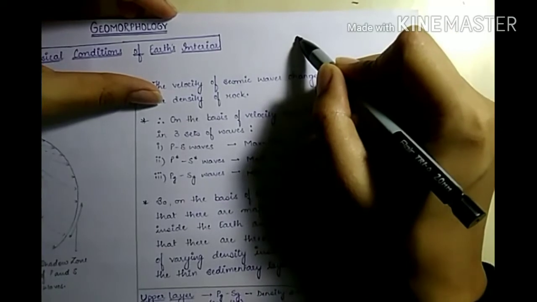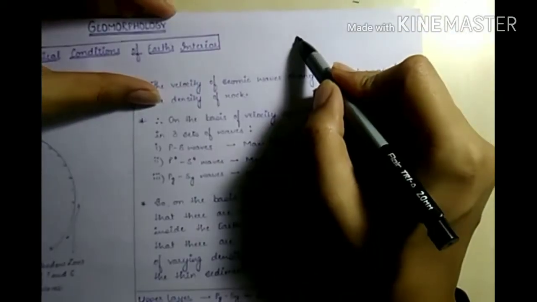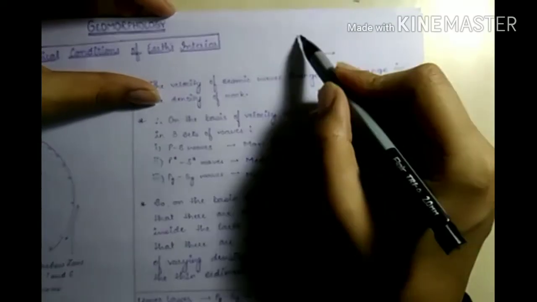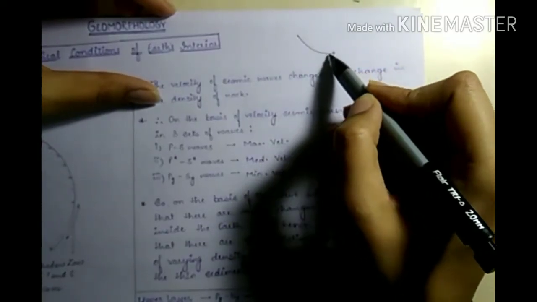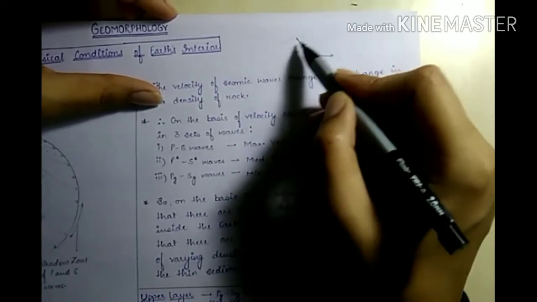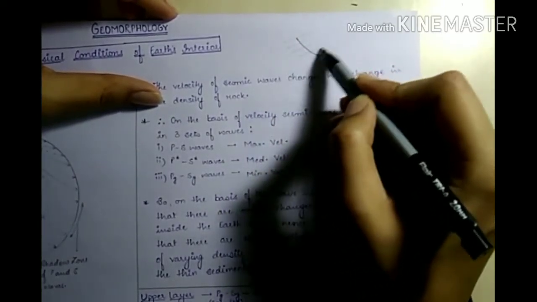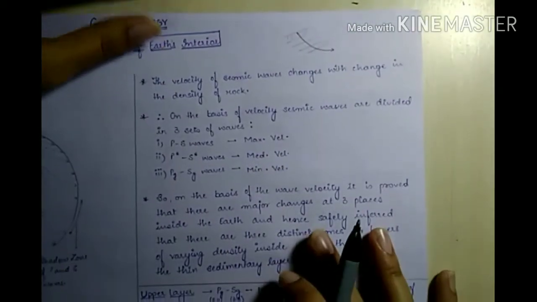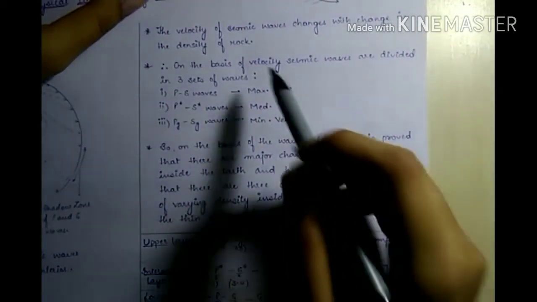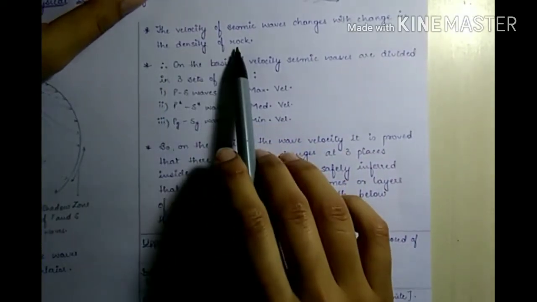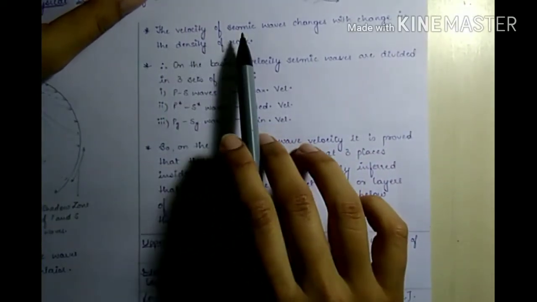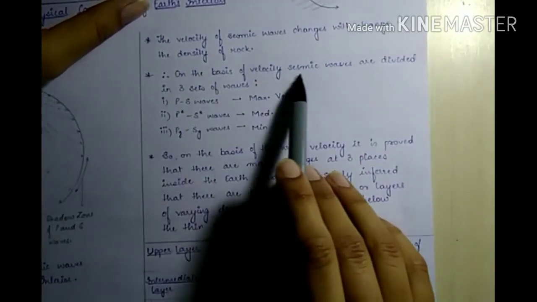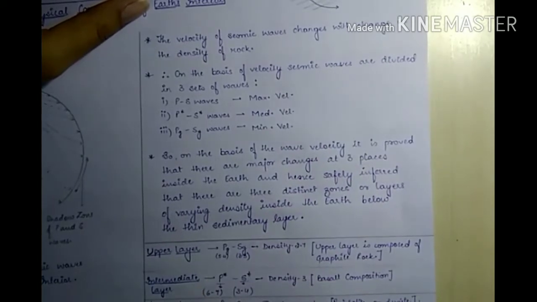The waves always change their velocity, and because it is changing its velocity, it is following a curved path because the area from which it is passing is not homogeneous. Okay, so obviously as the density is varying, the velocity of seismic waves is also varying. Okay, so on the basis of the velocity of seismic waves, they are divided into three sets.